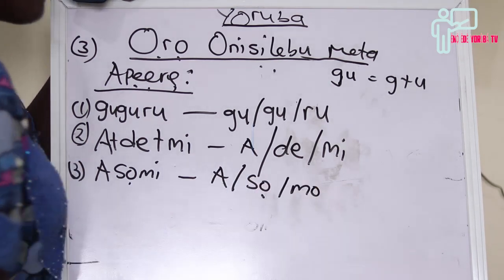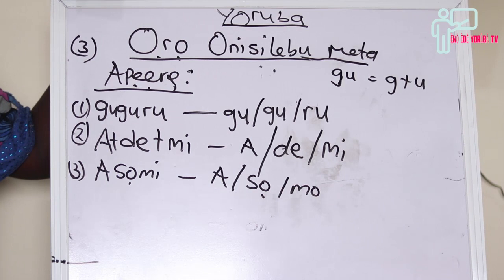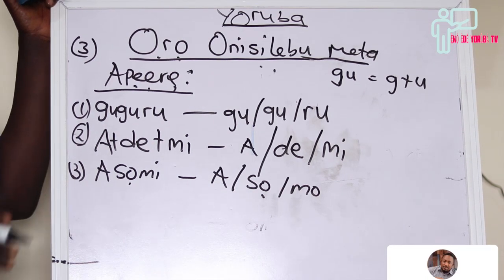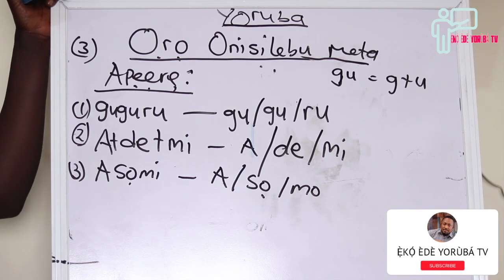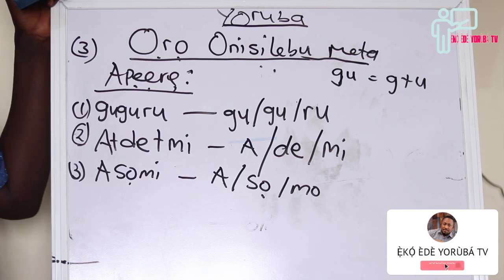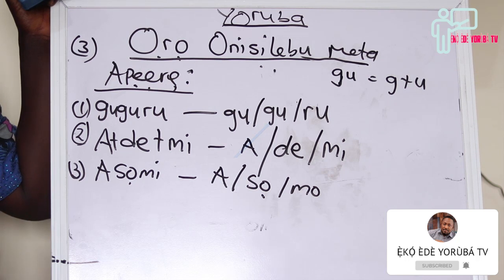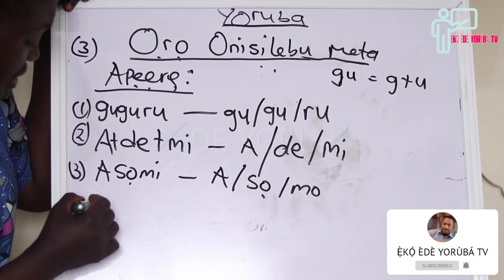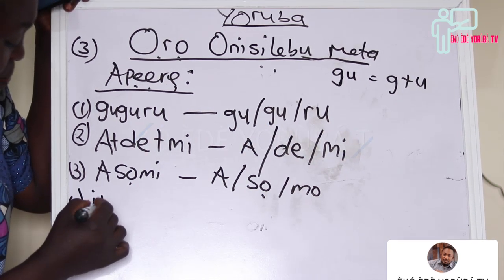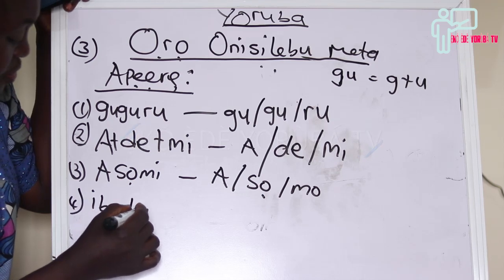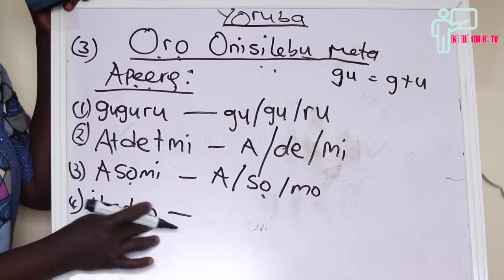So anything that you can divide into 3. For example now, Ìbàdàn is a town. I want to make this one clear.